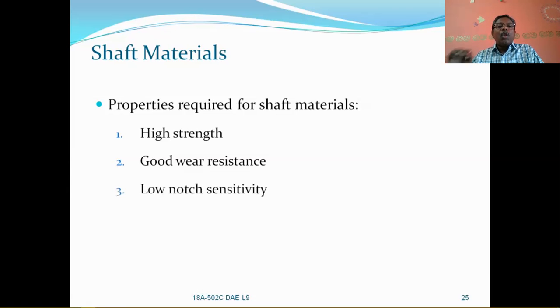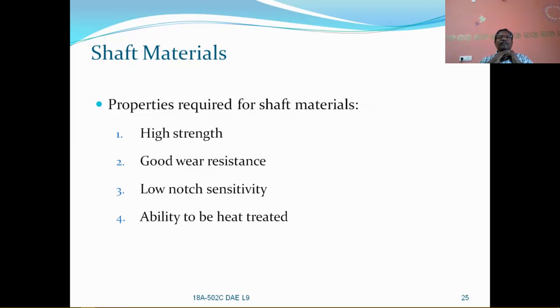Next is low notch sensitivity. If there are any notches, there is a possibility of failure at that point. So it should have low notch sensitivity. Then, the shaft material should be able to be heat treated, because we may want to improve the properties of the material, maybe hardness, maybe strength, or to relieve any stresses.